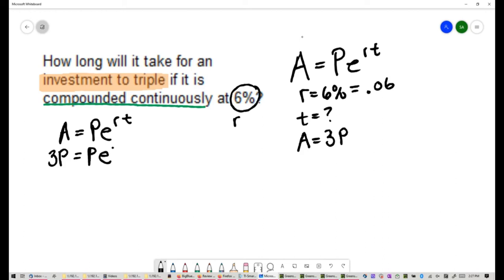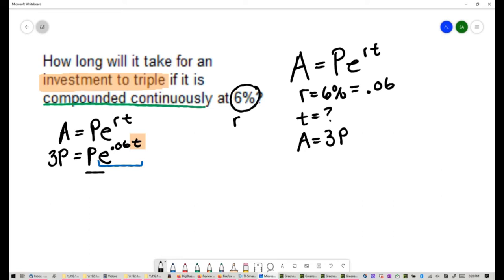We have an interest rate of 0.06 times time. So our goal is to solve for time, which is in the exponent. Now, our techniques for solving exponential equations require the exponential expression to be isolated. So I need this portion right here to be isolated on one side of the equation.